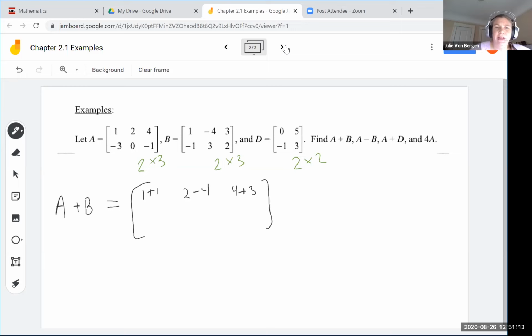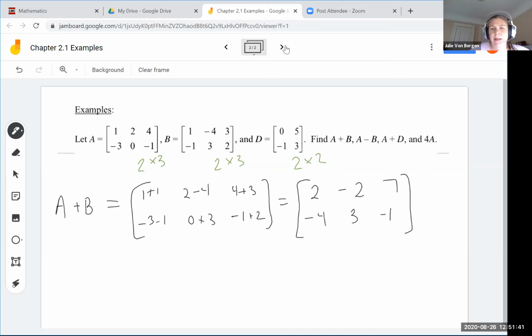And then in the second row, negative 3 plus negative 1, or negative 3 minus 1. Then we've got 0 plus 3, and negative 1 plus 2. So if I simplify here, those values should be 2, negative 2, 7, negative 4, 3, and it looks like just 1, a positive 1 here.